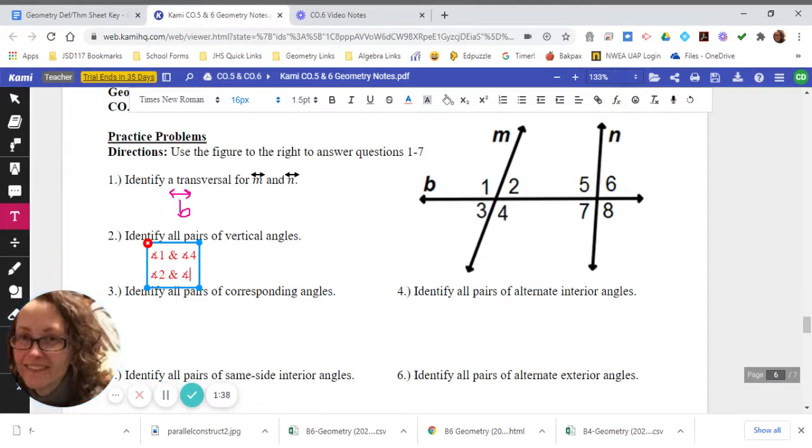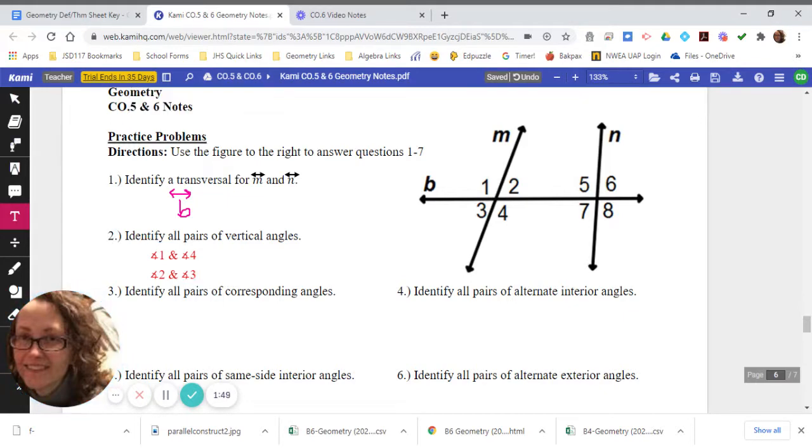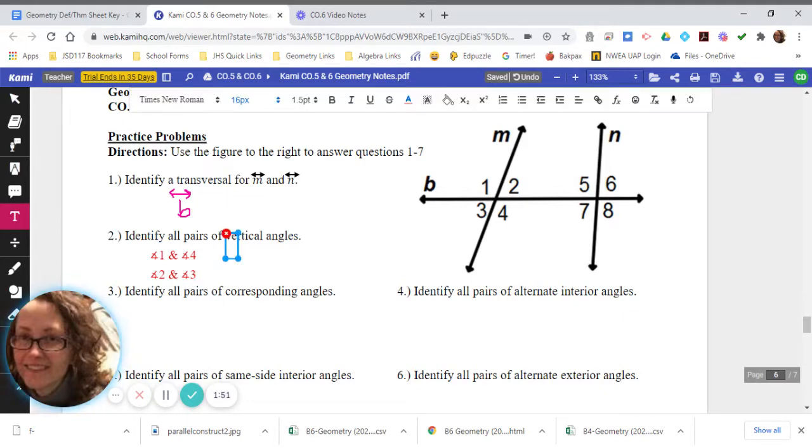Now, I would encourage you to pause this video right now and try to find the other 2 sets of vertical angles on your own. So the other 2 are going to be angle 5 and angle 8, and then angle 6 and angle 7.